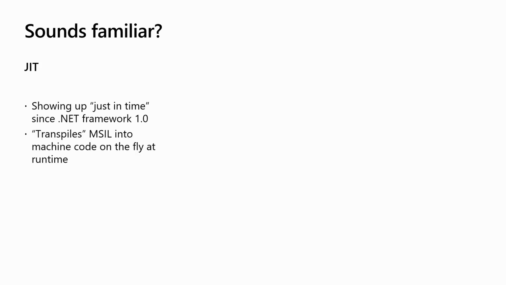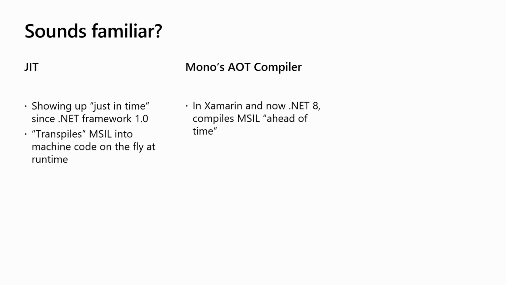And it does this process: it takes IL and turns it into machine code that can run on the computer it's running on. And another thing I'm familiar with, Mono has an AOT compiler that does this step at build time. So this is basically exactly what we're doing here for the NES. And what's interesting about the AOT compiler, we used it in Xamarin. We still use it in .NET 8 and .NET MAUI.